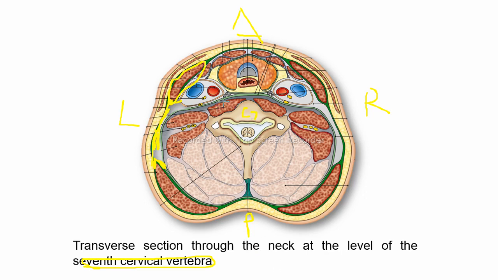Around the vertebra, anterior to the vertebra, this layer is the prevertebral layer. Between these two layers is the content of the posterior triangle of the neck. Here is the floor of the posterior triangle, and here is the nerve that arises from the corresponding root.